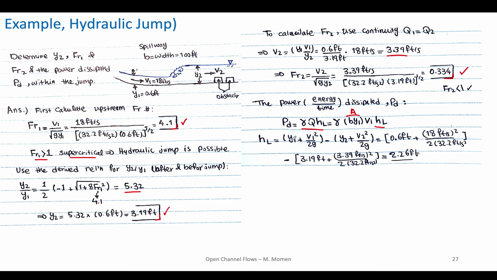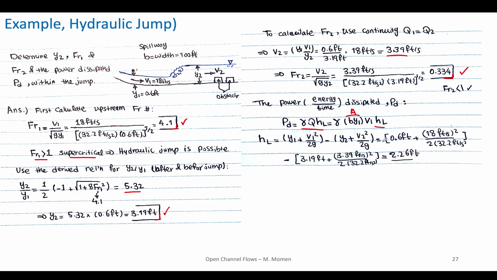This is kind of potential and kinetic energy, minus Y2 plus V2 squared over 2g. So this is the difference of the energy between section 1 and section 2, and this is going to be the head loss in the system.